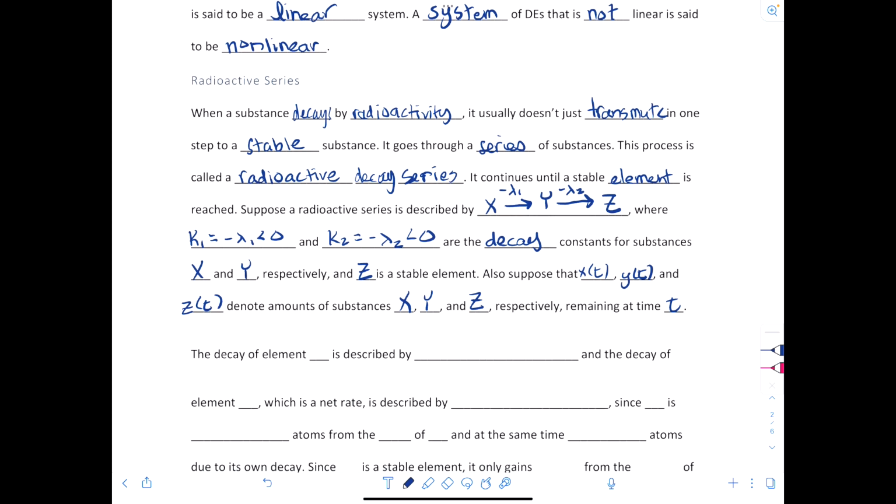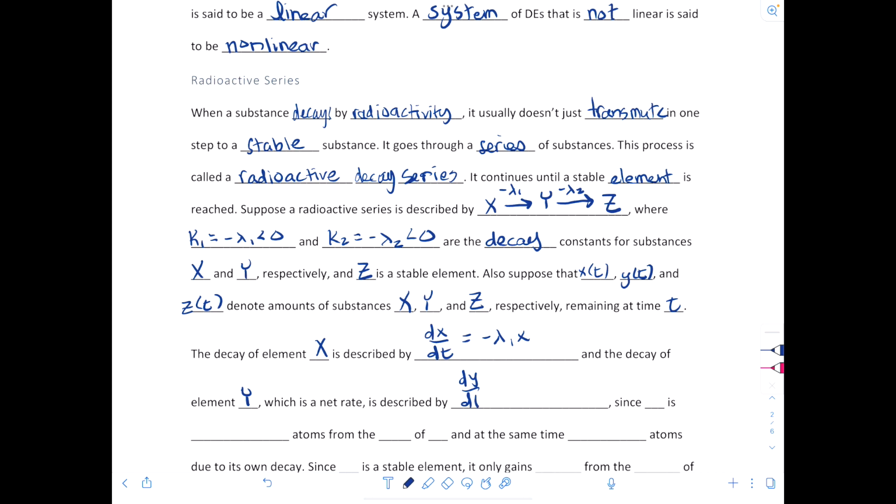The decay of element X is described by dx/dt equals negative lambda 1 times x, and the decay of element Y, which is a net rate, is described by, well, lambda 1 times x is being added from that first one.